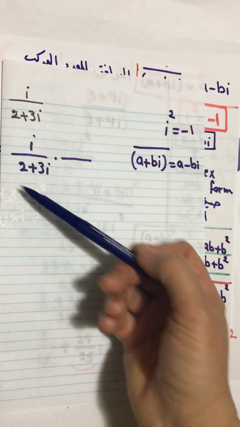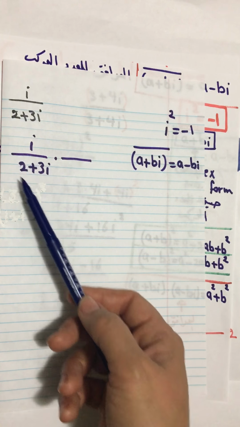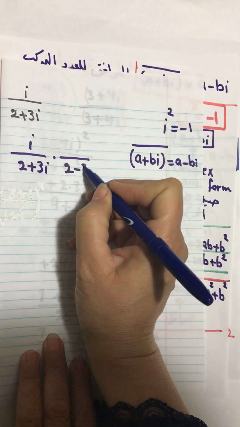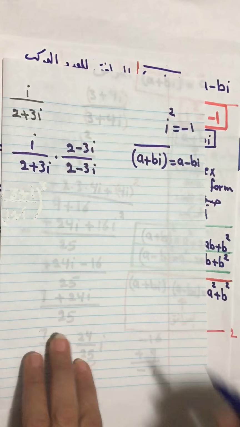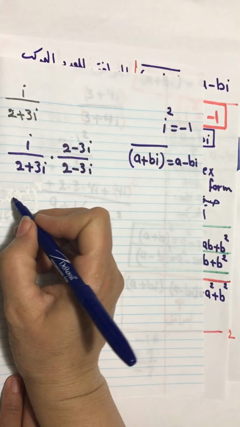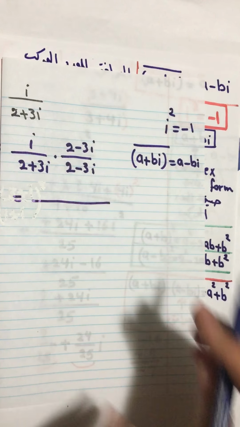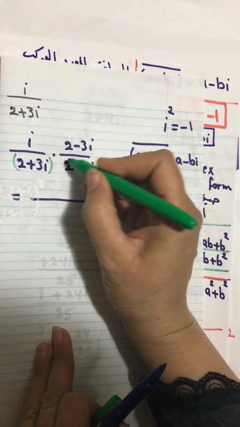I'm going to multiply by the conjugate of the denominator, which is 2 minus 3i, and 2 minus 3i equals. So I'm gonna have parentheses.